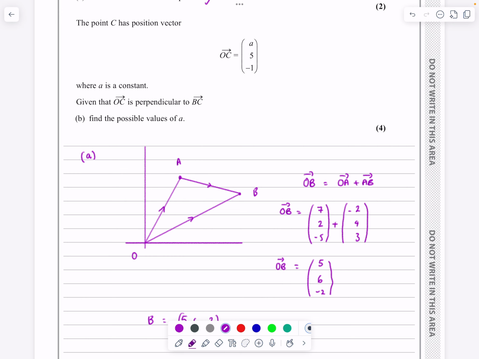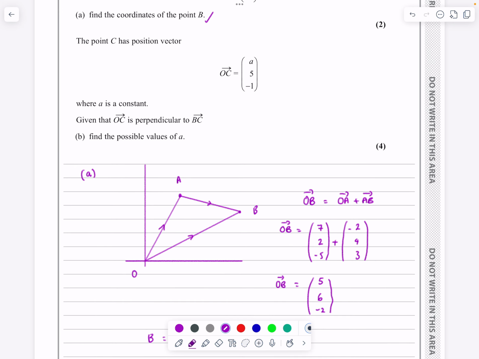Part B says point C has a position vector OC, where A is a constant, and it says that OC is going to be perpendicular to BC. And it says that there's 2 possible values of A. Let's see if we can work out what they are.